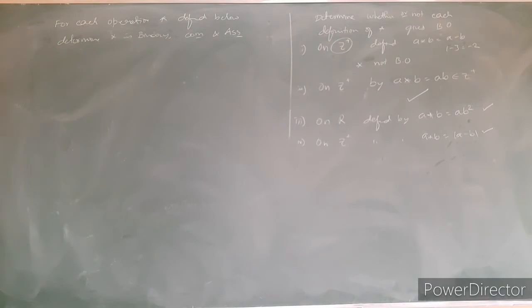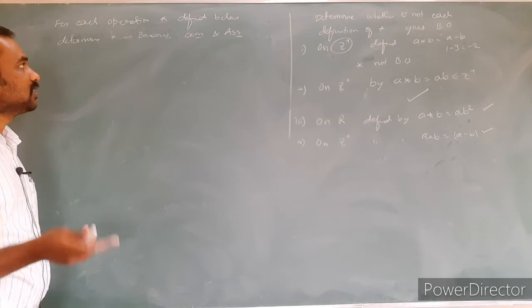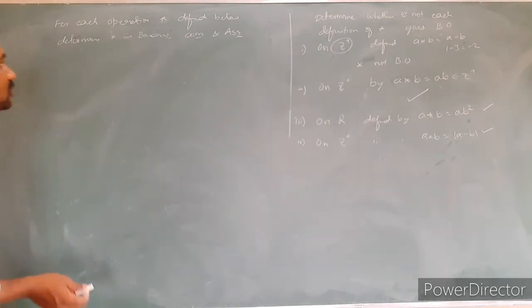Determine whether each of the following operations are. First of all, we have to determine whether it is a binary operation or not. Afterwards, whether it is commutative or not and associative or not.